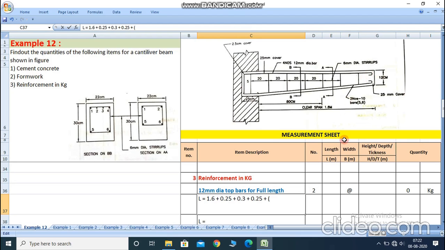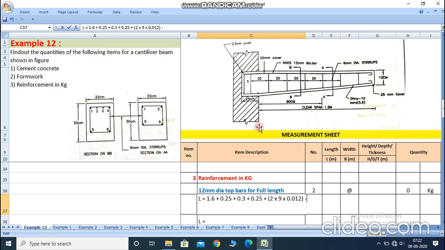So we provide a hook on both sides. So 2 multiplied by 9 times the diameter of the bar, which is 12 mm, so 0.012, minus the cover provided on both sides, which is 25 mm. Cover is provided at the starting and end point, and also 25 mm cover is provided at the bottom and top.